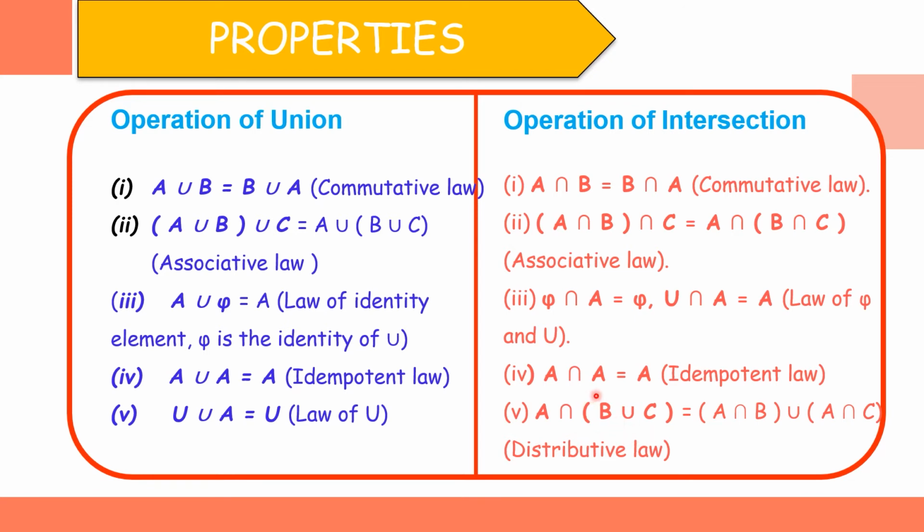We first found B union C and then we found the intersection. You can do it like that, or else you can apply the distributive property and then find the answer. It's up to your convenience. So this distributive law also holds good. Please remember all these properties, children. We may need them when we solve the sums, or else all this can be asked in the objective questions. So remember, interesting properties, right?